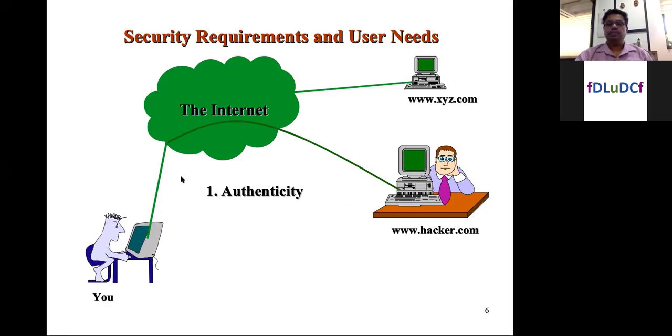Then sometimes you might connect to the correct xyz.com and communicate with that web server, but a hacker in the middle may alter it and you don't know about it. Someone can, without detection, alter the internet communication. In this situation, we say we don't have the integrity feature.